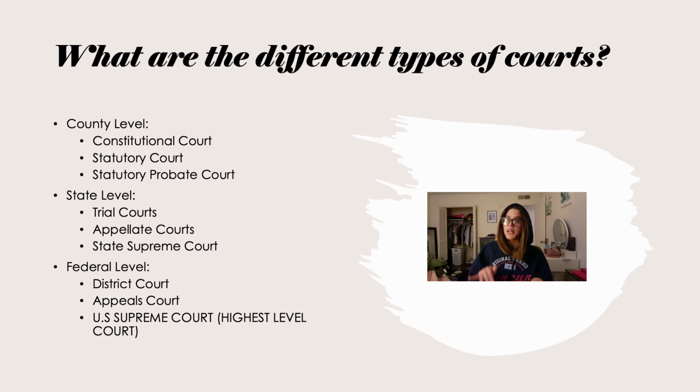At the federal level, we have districts, the appeals, and then the U.S. Supreme Court with 9 justices appointed by the president and serving a lifetime term underneath this federal umbrella, and we can't really do much about it unless we are in the presidential situation. So, without further ado, let's keep it going.